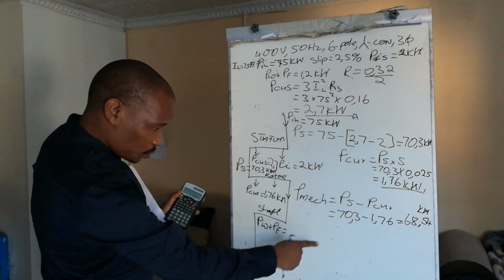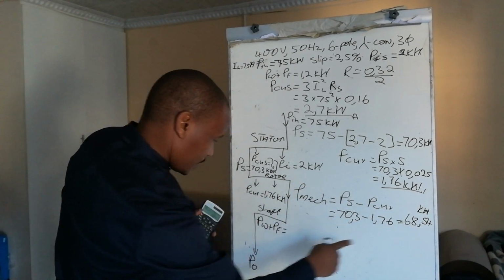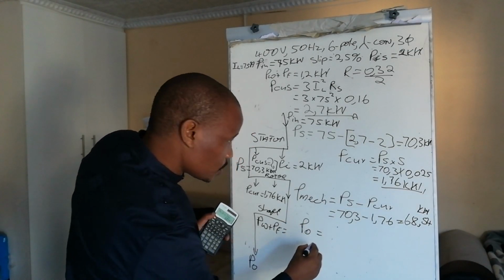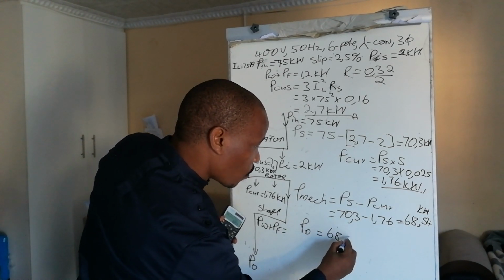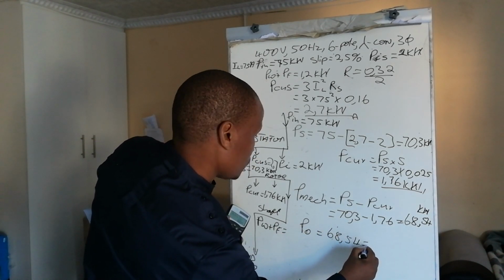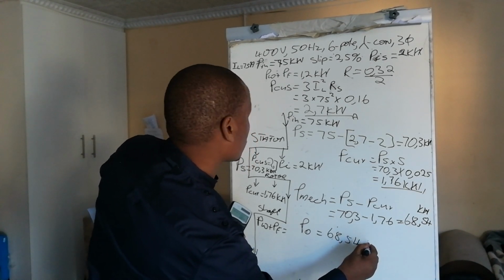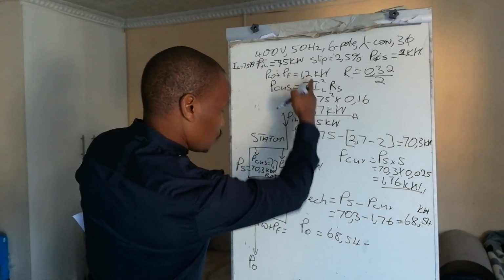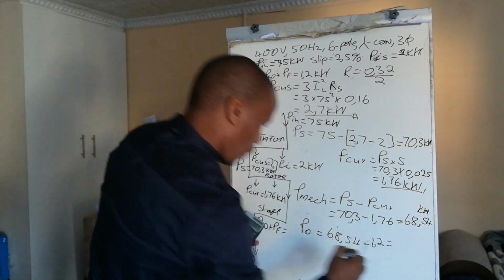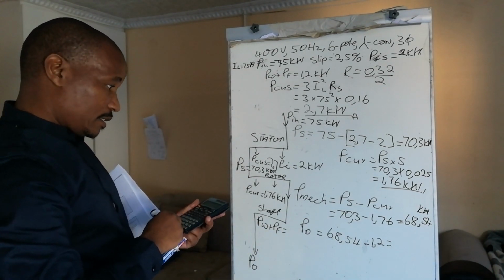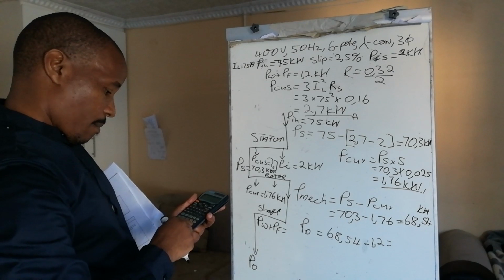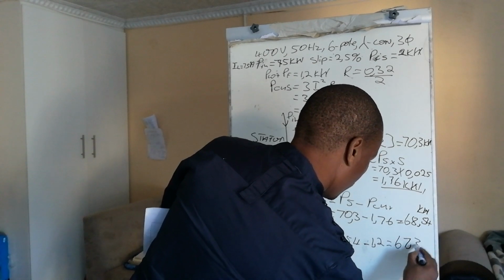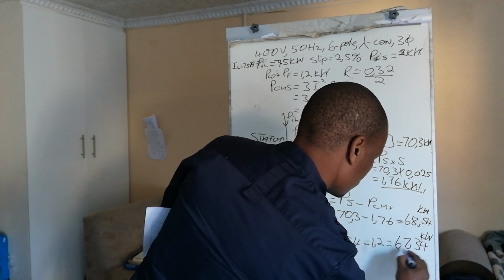Therefore, it should stand to reason as well that the output is equal to 68.54 minus 1.2, which is equal to 67.34 kilowatts.